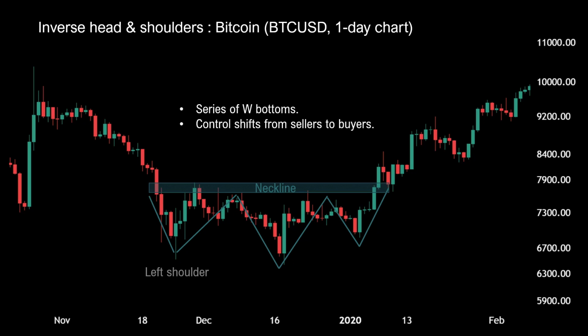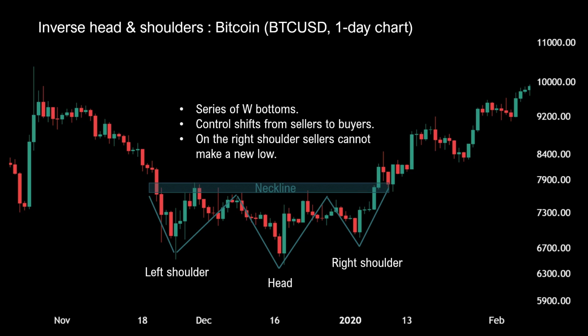First you have the left shoulder, then the head where the price makes a lower low than it did in the left shoulder, and finally you have the right shoulder. With this shoulder, the sellers can't force the price to make a new low, meaning they're starting to lose control.